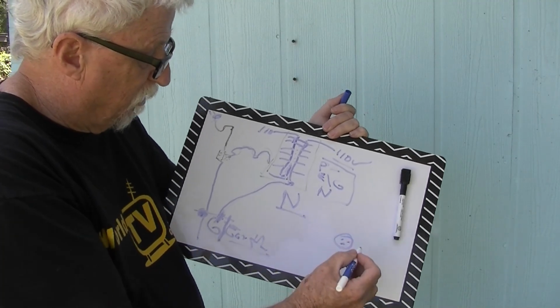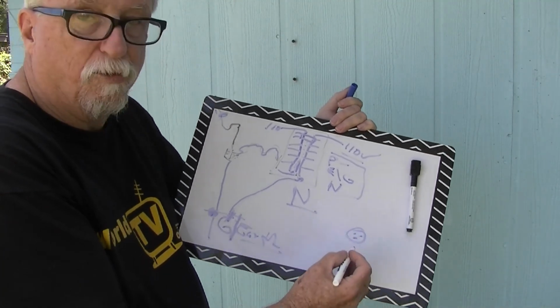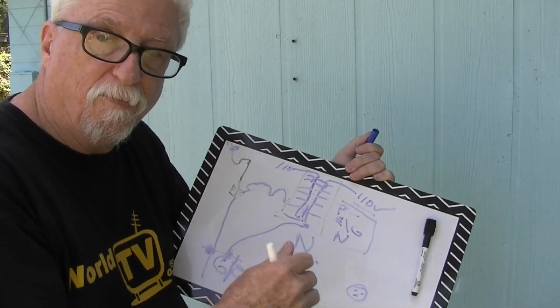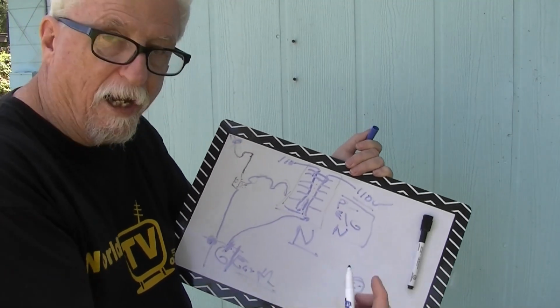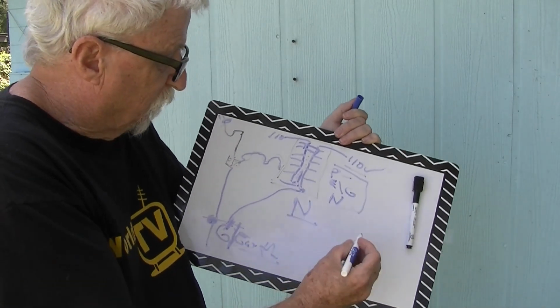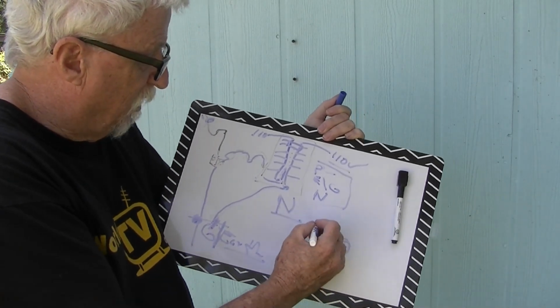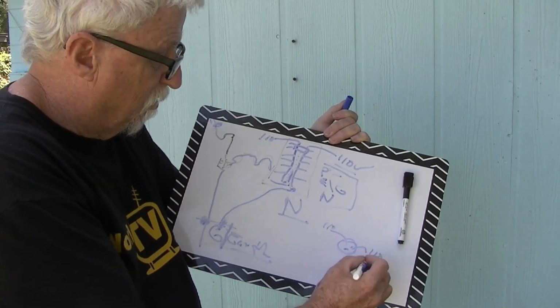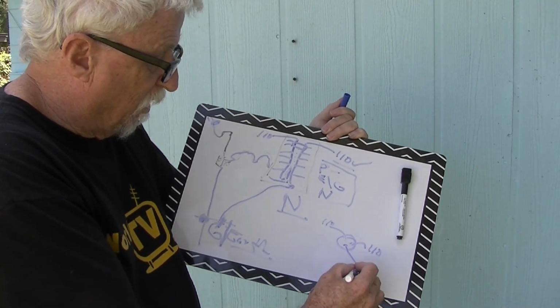It can have 3 or 4. You can set up for 3 or 4 holes in your outlet to plug it into. So you're going to have 110, you're going to have 110, and you're going to have the ground.